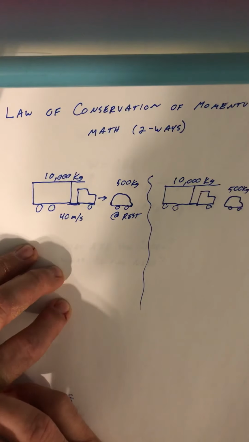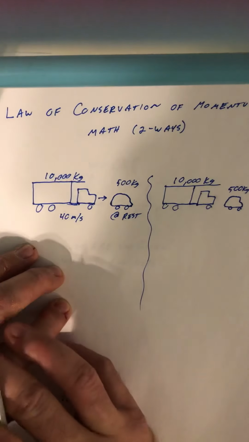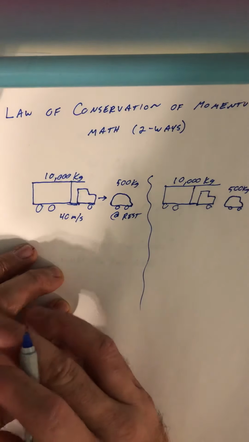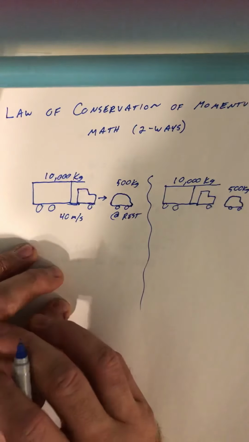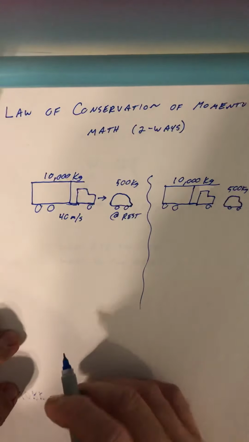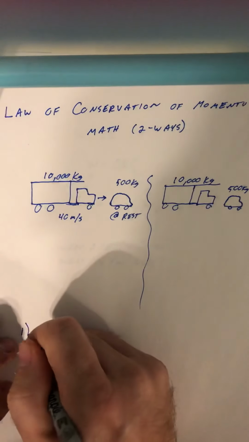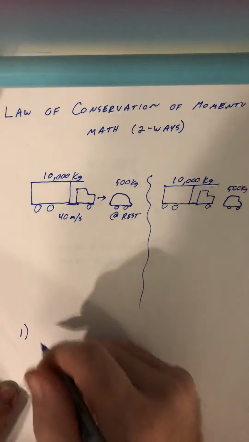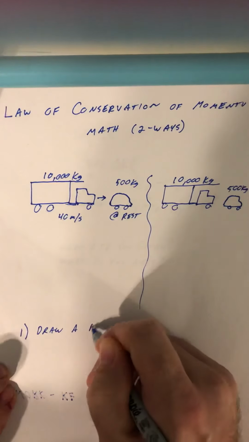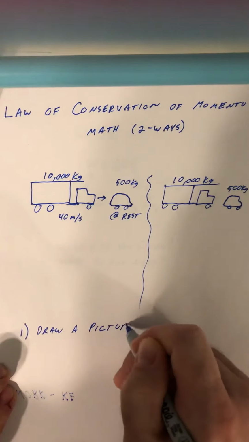Now what I need to do is organize this stuff and figure out the best way to go through it. The first method I'm going to do is called the MVP chart. If we're talking about steps, the first thing I should always do is draw a picture, and the picture should look a lot like what we have above.